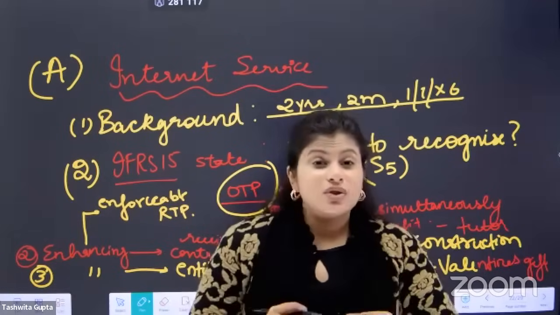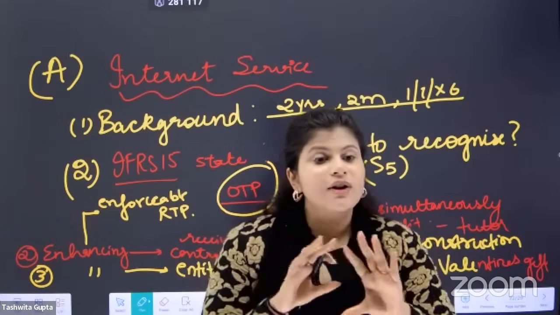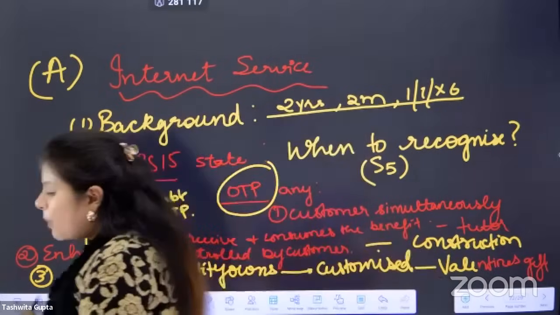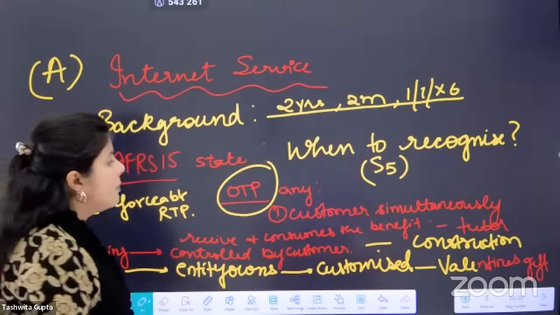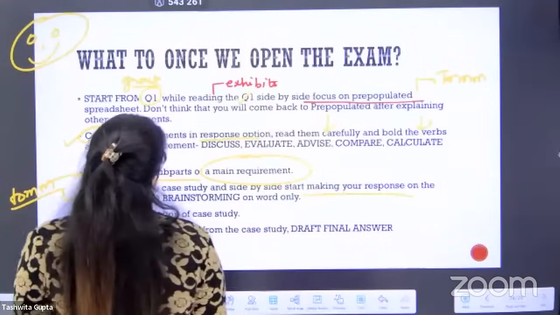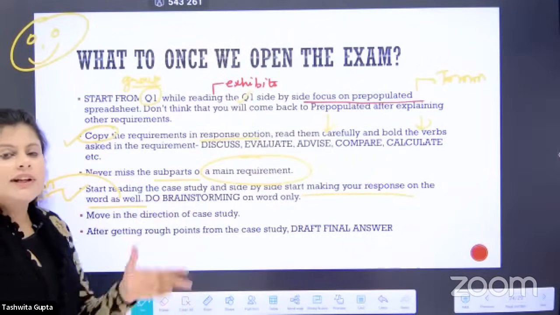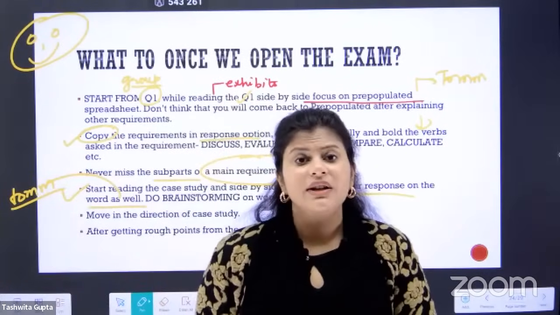So I'll do the brainstorming on the Word option as well because scratch pads are not marked. I hope everyone knows scratch pad is not marked. That is literally scratch because it's not marked. If the time runs out, I've done my brainstorming, at least in my response option, I'll get marks for it.